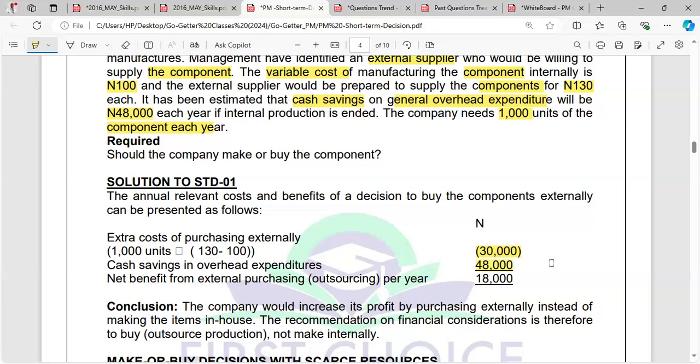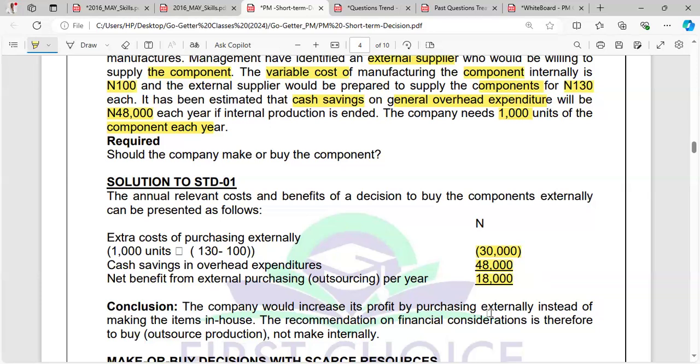So when you say 48 minus 30, it means the net benefit, you are gaining 18,000 naira each year for doing it outside. So what do you need to do? Go ahead, do it outside, because when you do, the company is going to save 18,000 naira in a year.